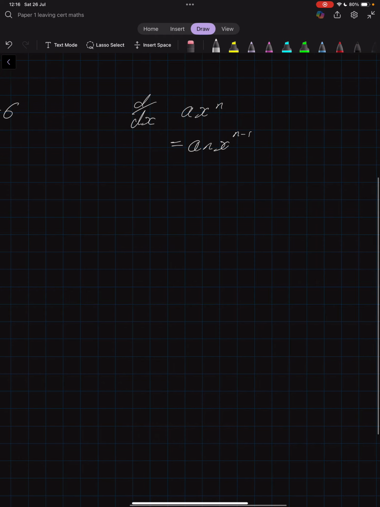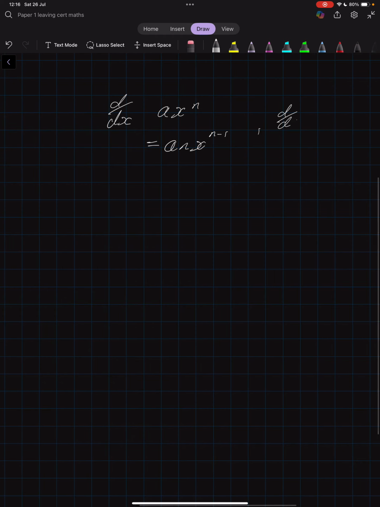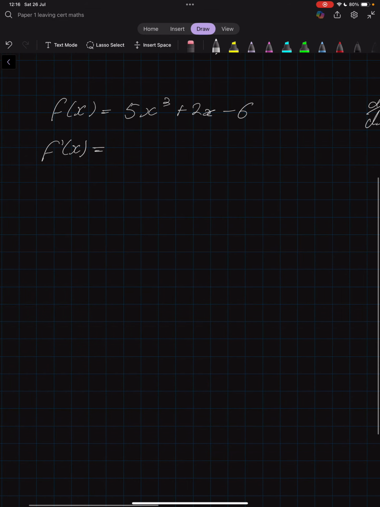And if you differentiate a constant, you just get 0. So you bring the 2 down, you get 10, you take 1 off the power, so I end up with 10x. Differentiate 2x, I just get plus 2. Differentiate minus 6, I get 0.